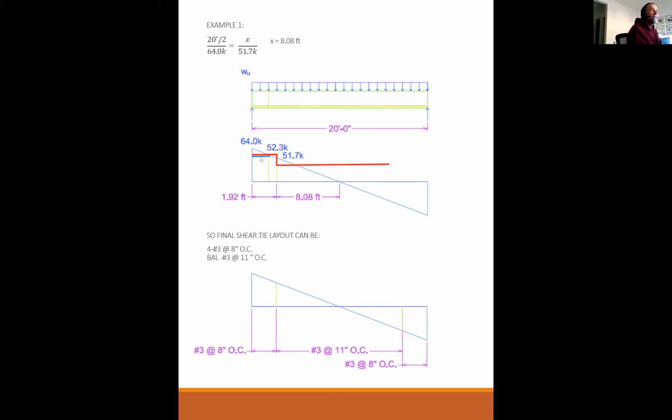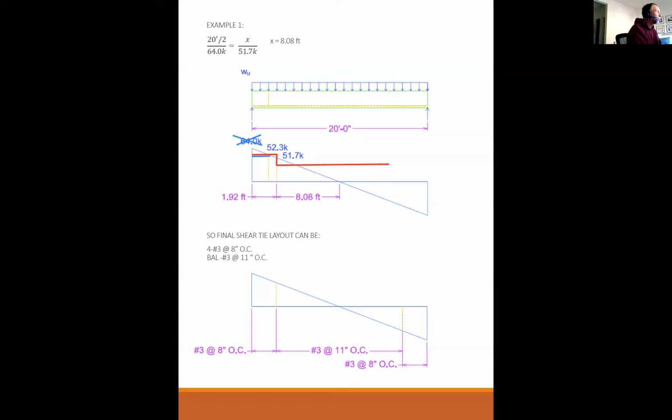VU is d out from the end of the beam. So I don't need to worry about the 64 at all. It's the 52.3 that I have to meet. But what about this blue line right there? What happened there? Well, what happened there is I screwed up, and I calculated the wrong capacity for number 3s at 11.